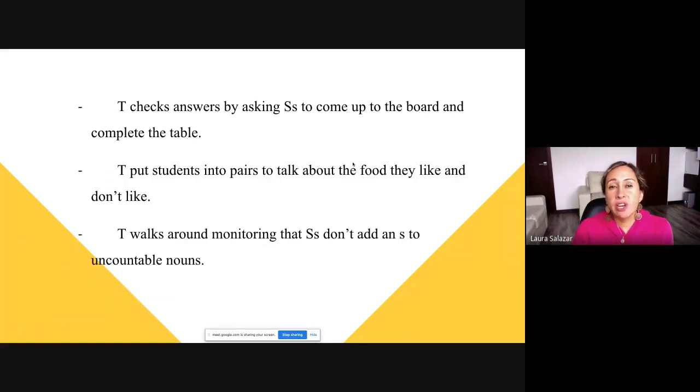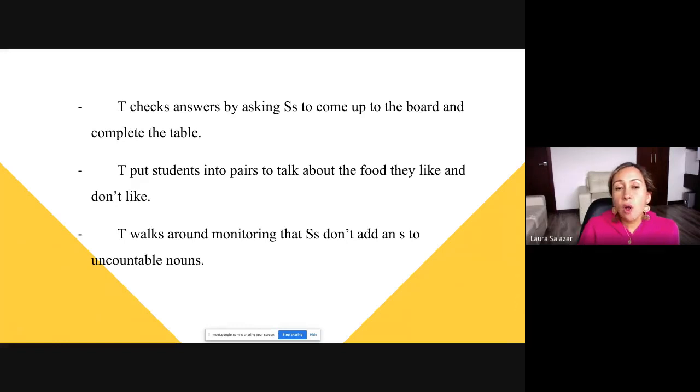Teacher will check answers by asking students to come up to the board and complete the table. So the teacher will ask different students to come up to the board and write the word where it corresponds. Teacher puts students into pairs to talk about the food they like and don't like.